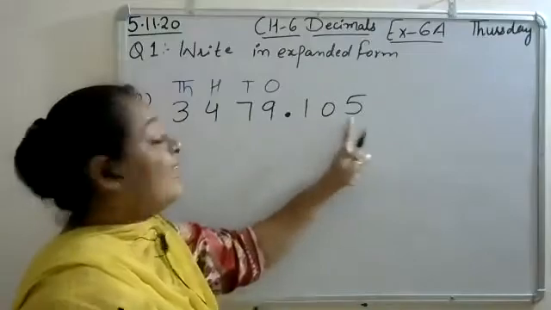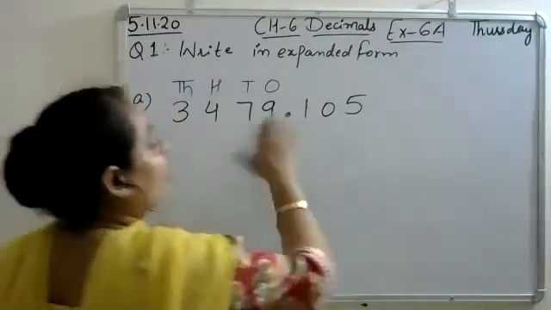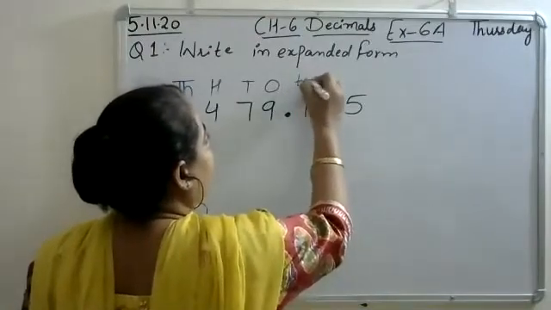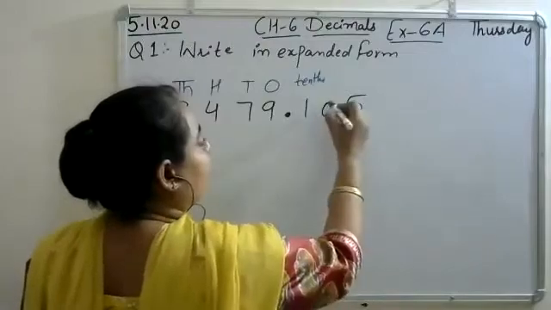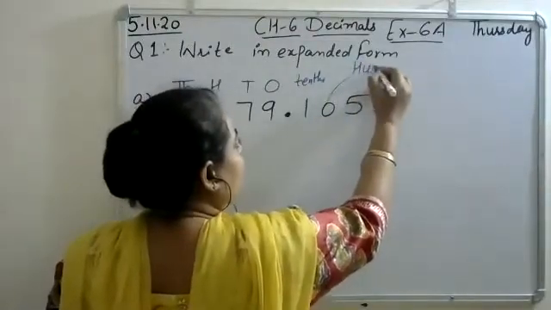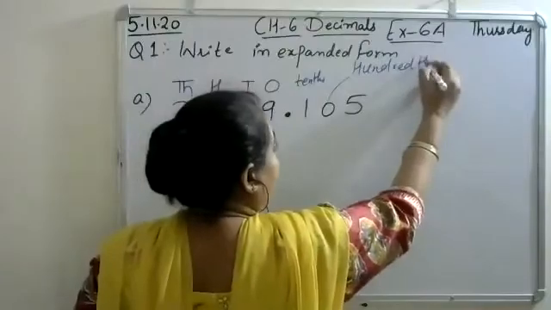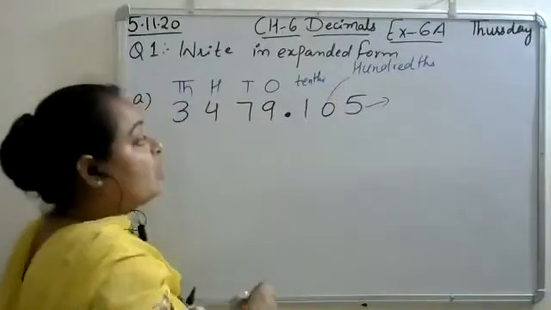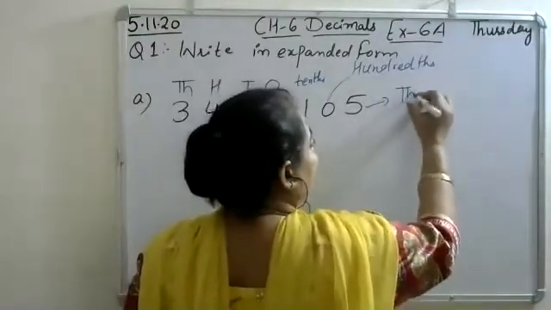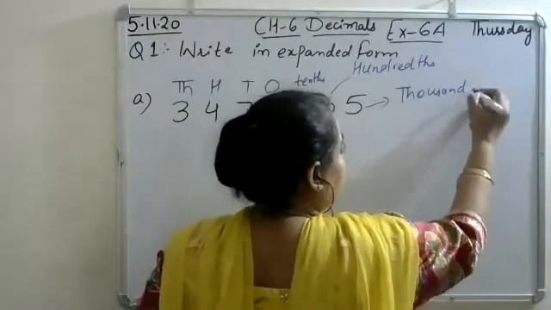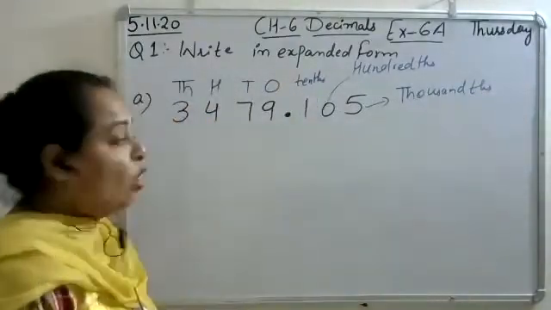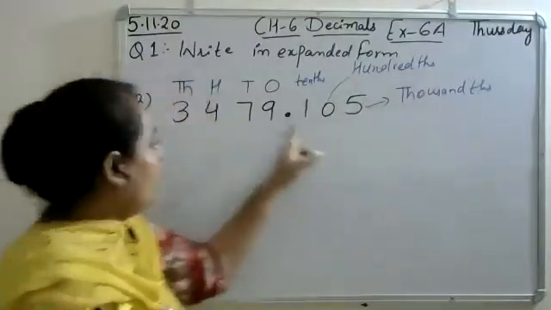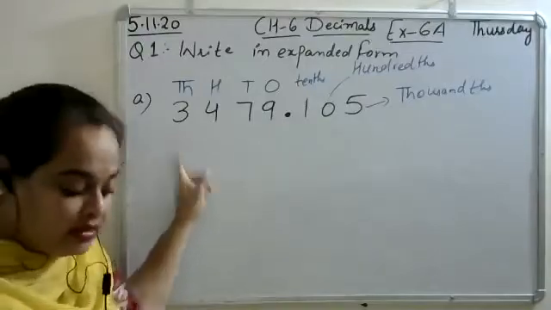We will use the decimal system, because on the right hand side, the first position is of tenths, the second position is of hundredths, and similarly, this is not thousand only, this is thousandths. So on the right hand side, we will use the decimal system, and on the left hand side, we will use the Indian system.